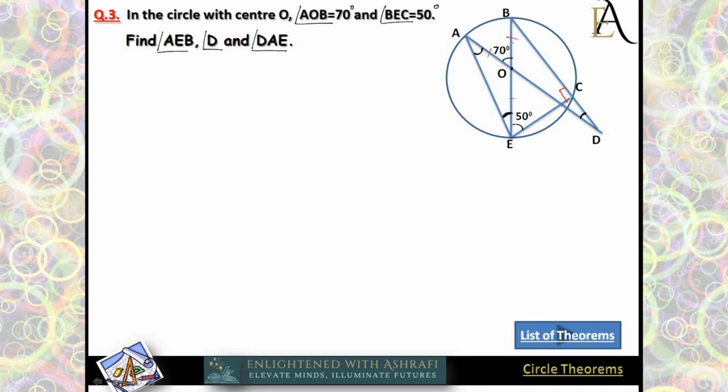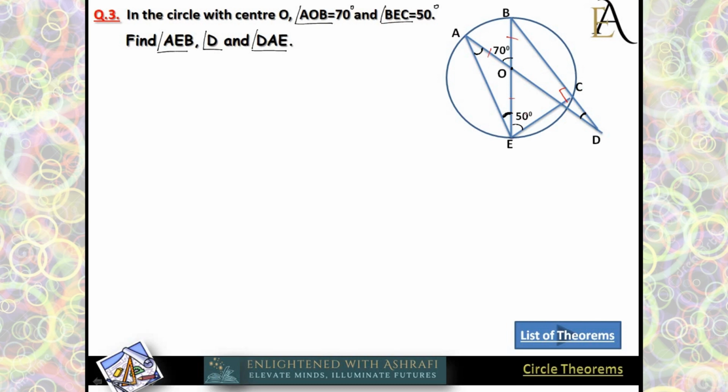Angle on the circumference of a semicircle is 90. So here we got this 90, then this is 70.